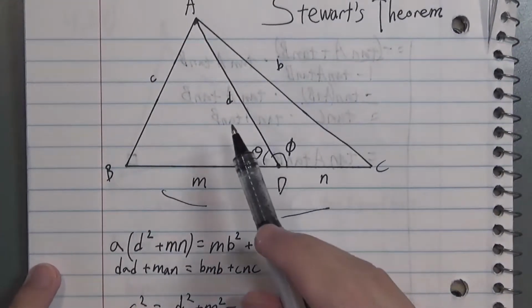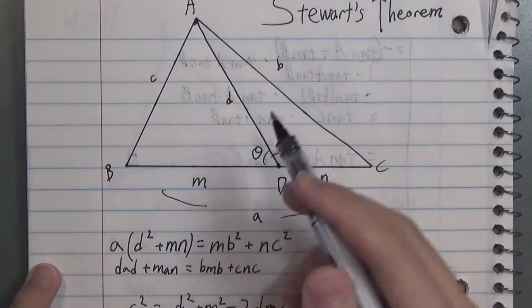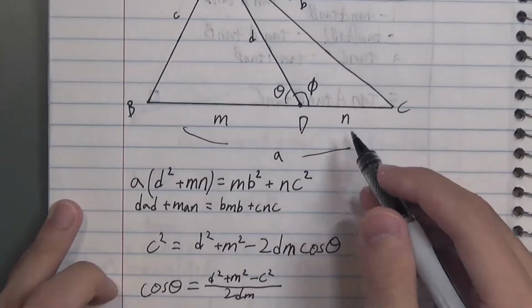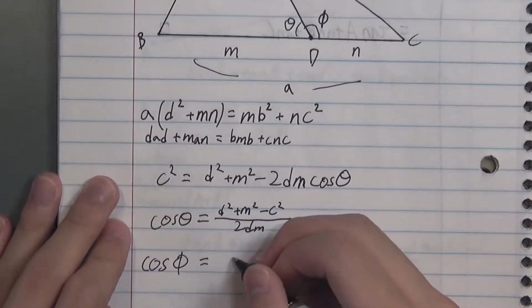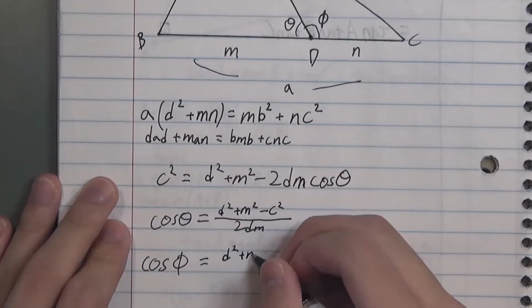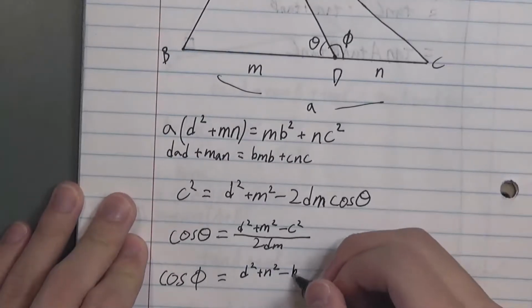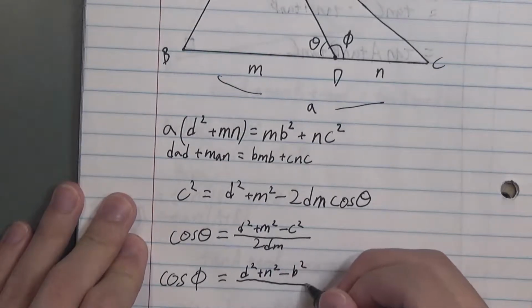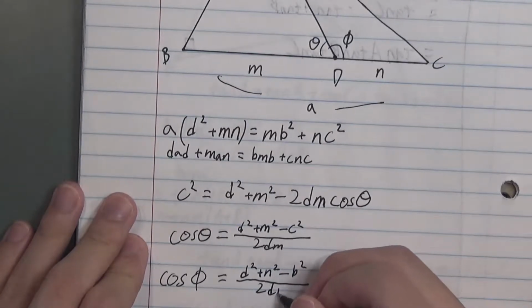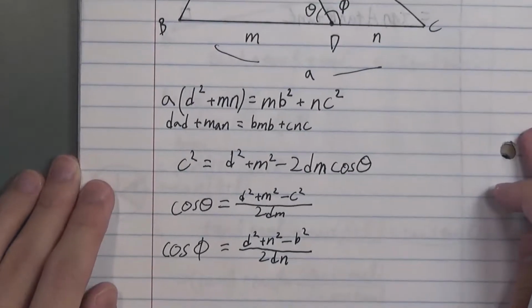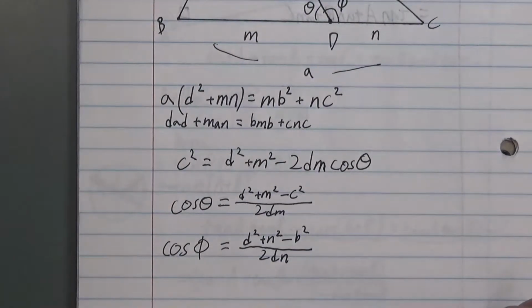It's d squared plus n squared minus b squared over 2dn. There we go. Pardon my neat handwriting.